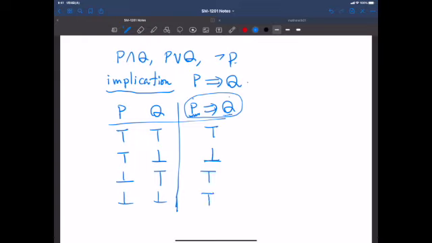So this may sound strange, but if the premise assumption is wrong, then anything can happen. Anything can be derived. So that's the definition of logical implications. Basically, if P is true, then Q is true, or P implies Q.